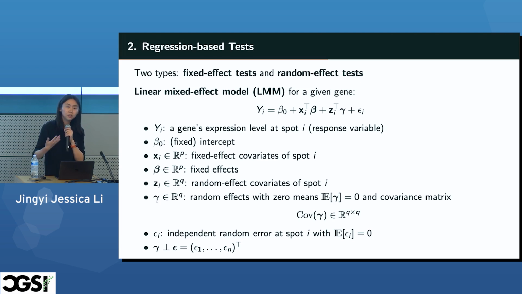That means you might have too many parameters to estimate if you want to estimate gamma directly. So the compromise in the statistical way is that instead of estimating each component of gamma, we just want to estimate some joint distribution of the components of gamma. In this case, our interest is shifted from gamma itself to the covariance matrix of gamma, or something we will simplify.